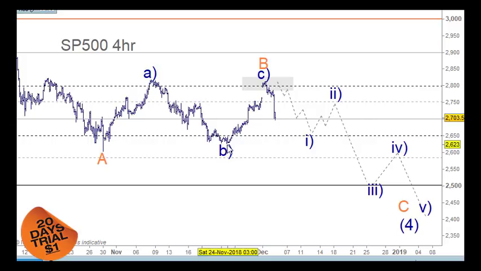And also, from wave B to wave C, the 50-60% retracement level, which is roughly around where it is right now, will play into the 2,700. So the 61.8% and the 2,700 should hold the market there for a little bit and see a bit of a dance, but we'll still see further downside.